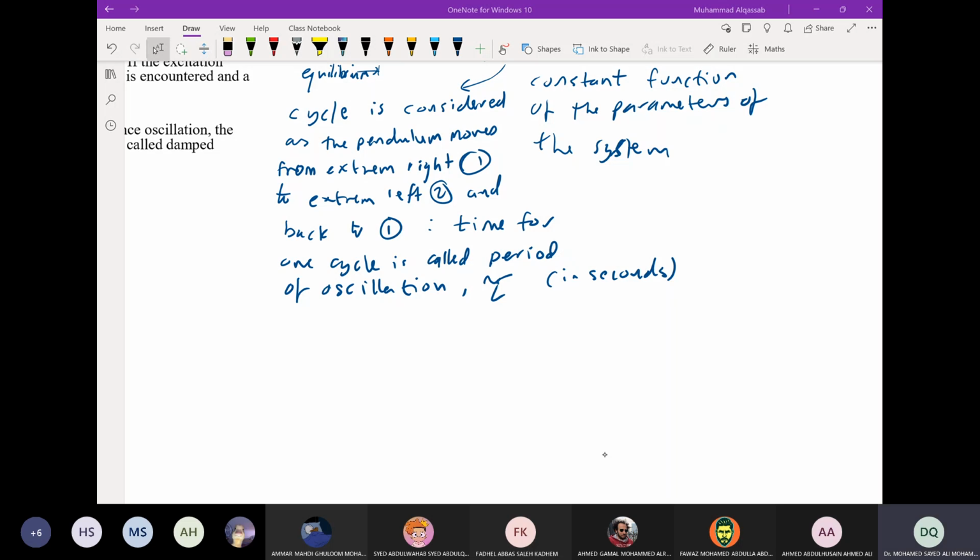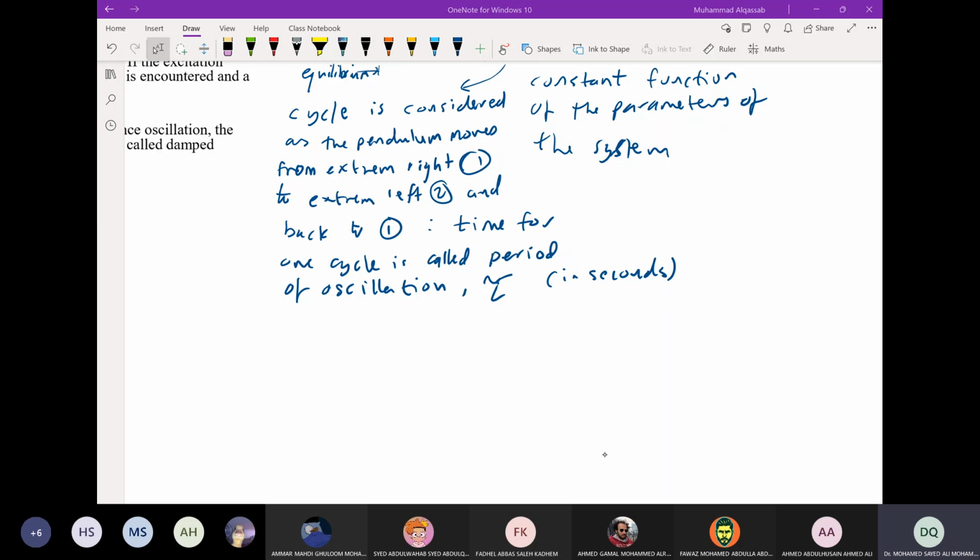Okay, so for large oscillations, this will not be true. The natural frequency is not just a function of the system parameters. It will also be a function of the initial disturbance or initial conditions. So in general, but this is not what we will do, the natural frequency is a function of the system parameters and initial conditions, to be more precise.